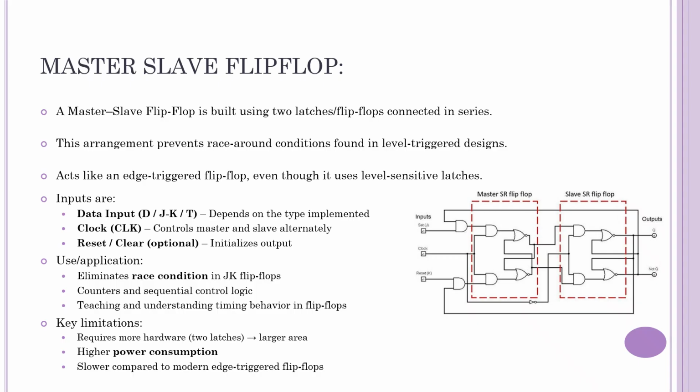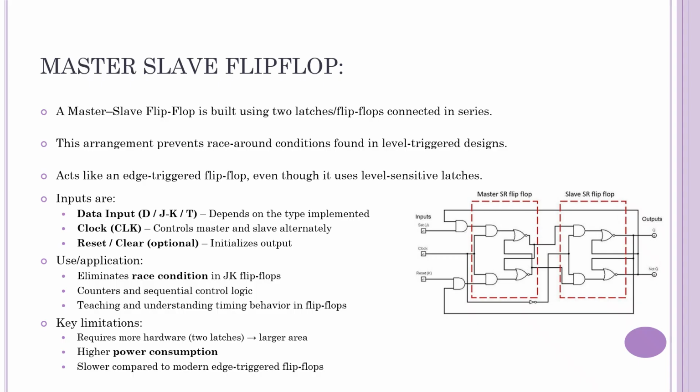It requires two latches, so more hardware, that means larger area, higher power consumption, and slightly slower performance compared to a modern edge triggered D flip-flop. That's why in today's ASIC and FPGA design, we usually use an optimized D flip-flop instead.